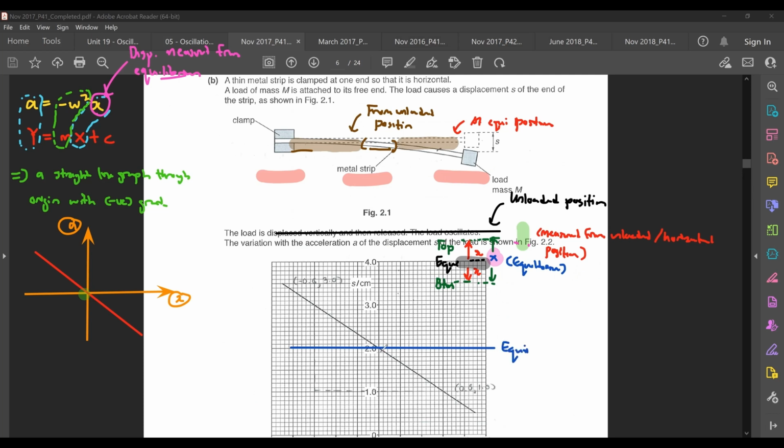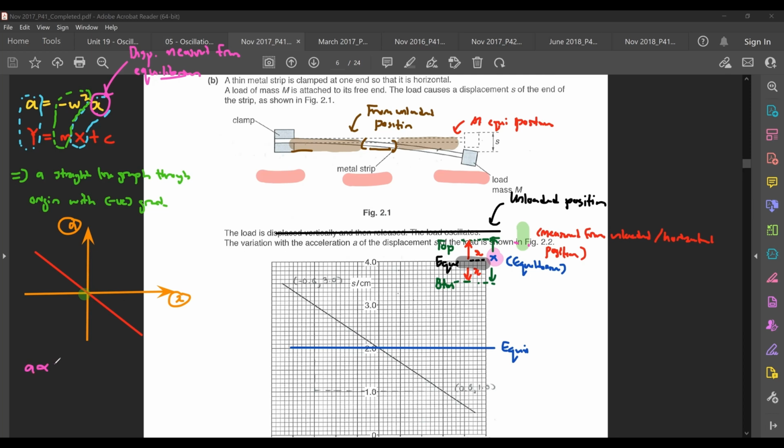Okay, how do I know this? It's because my acceleration is 0. If you look back at the equation, a equals negative omega squared x, a is 0 when x is 0, in other words, at equilibrium.